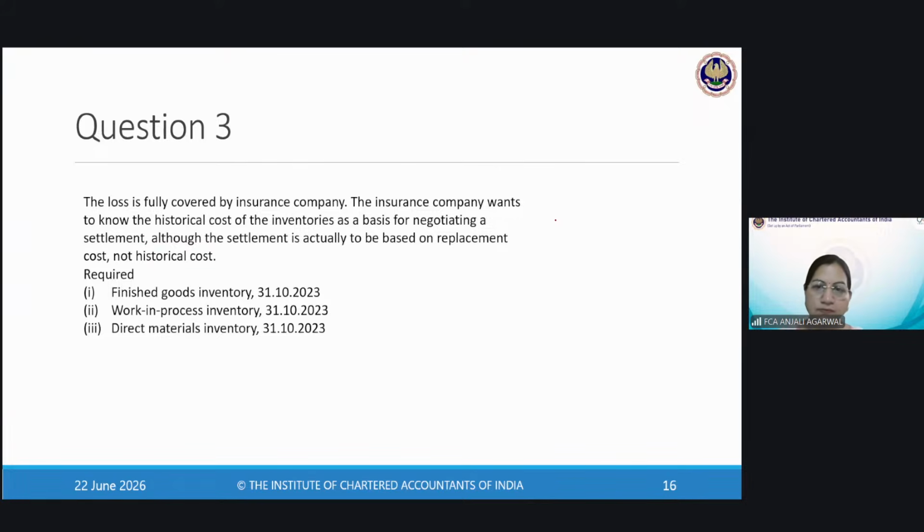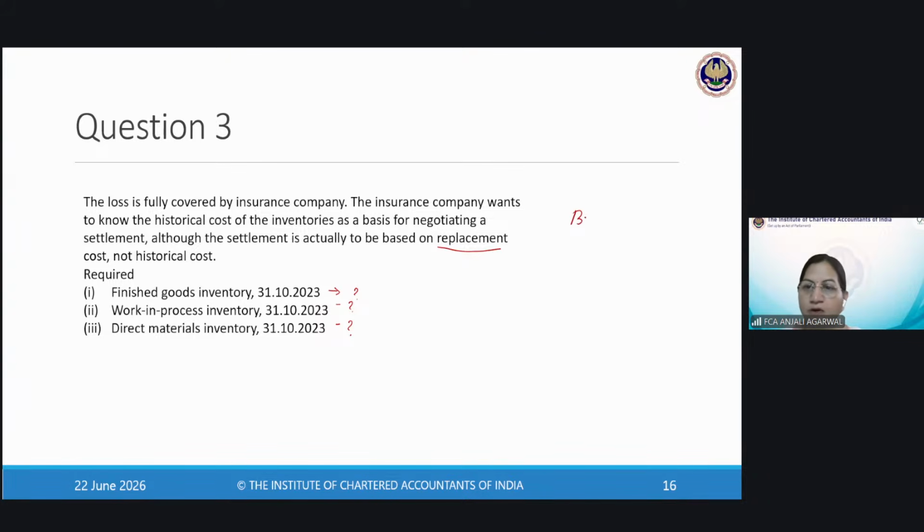So the insurance company is asking us, we'll give you the insurance claim, but for that we want to know the historical cost of finished goods inventory, work in progress inventory, and raw material inventory. We have the opening stocks, but we don't have the closing stocks, right? Replacement cost means the price at which the same goods will now be brought back to the factory.